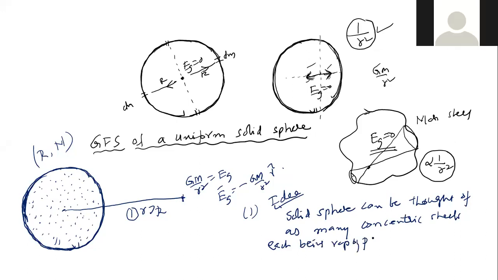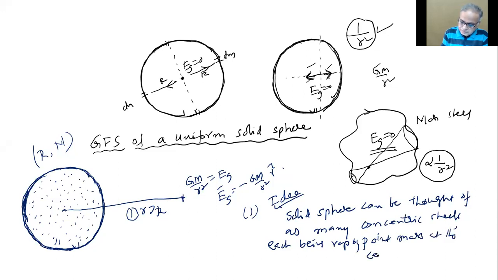So collectively, all the point masses will have total mass M. And at r equals R, it still remains the same. It is Eg equals GM by capital R square.